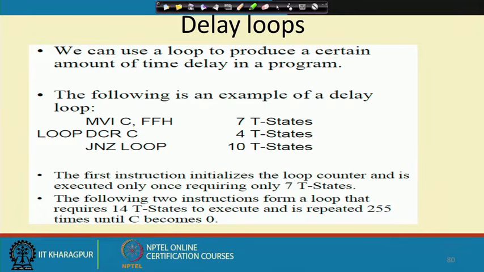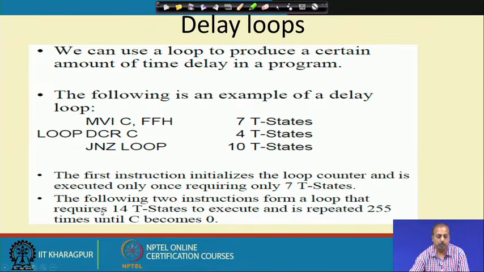Total 10 T states for the JNZ instruction. The first instruction initializes the loop counter and is executed only once, requiring 7 T states. The following two instructions, the decrement and JNZ, form a loop that requires 14 T states, and they are executed 255 times until C becomes equal to 0.